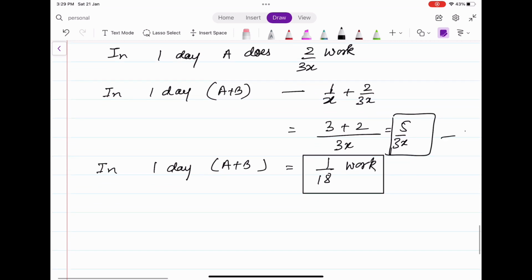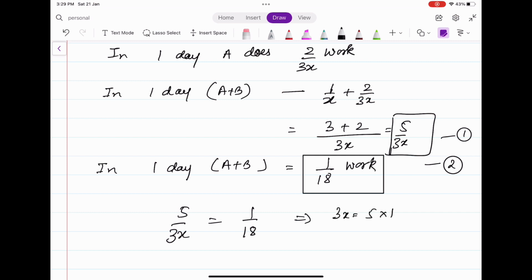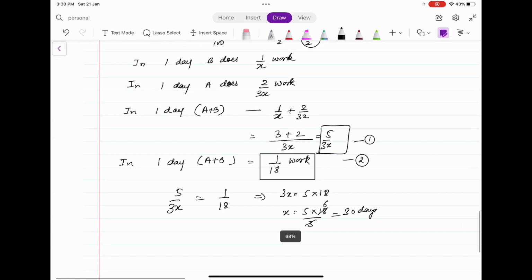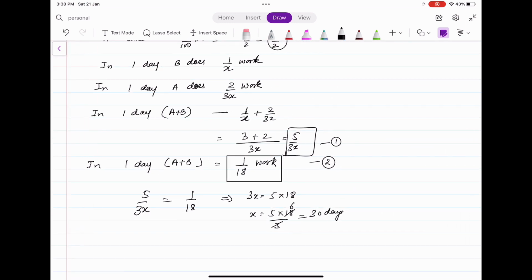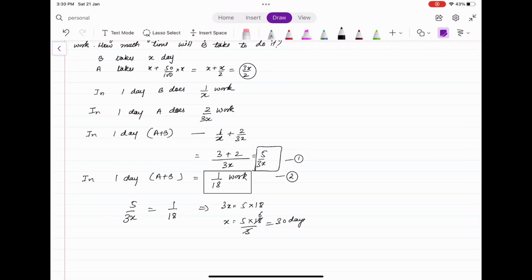We can equate first equation with the second equation, which says 5 upon 3x is equal to 1 upon 18. It implies 3x is equal to 5 into 18 and x is equal to 5 into 18 by 3, cancelling, 30 days. So that means B takes 30 days and A will take 45 days, 50% more.